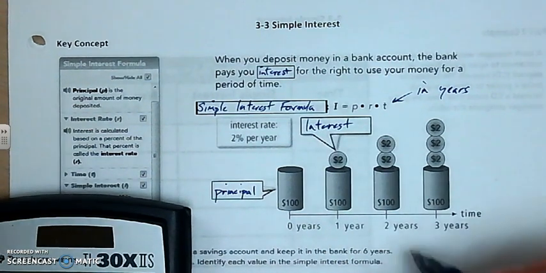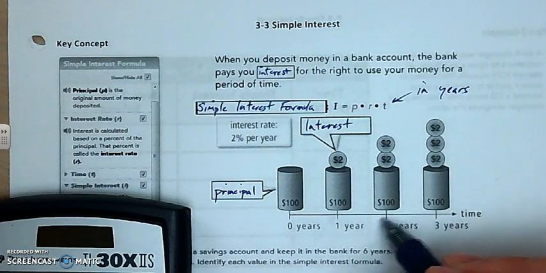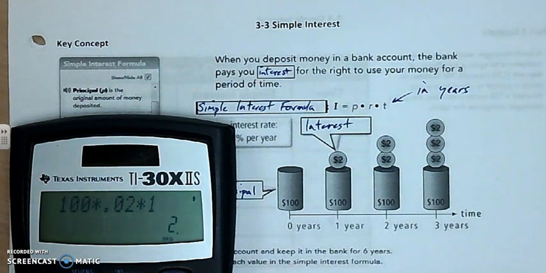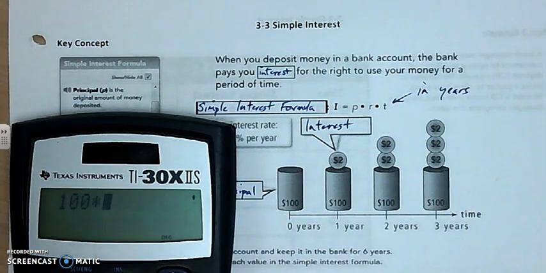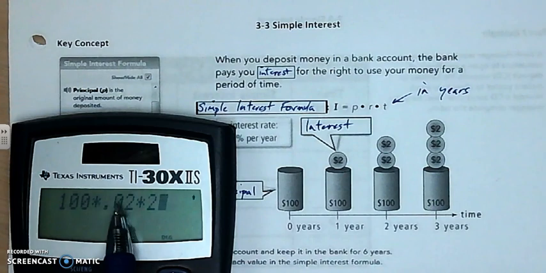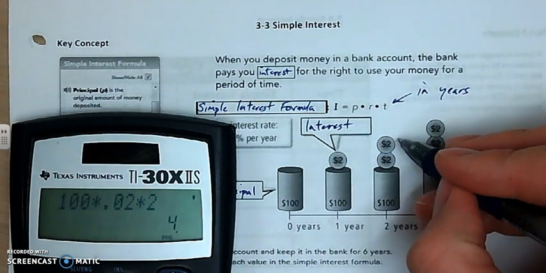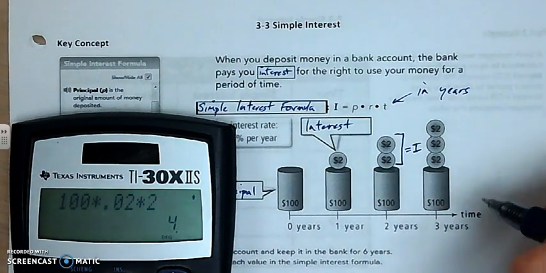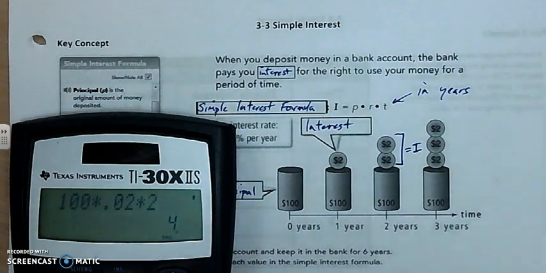And if we do that another year, if we let our principal sit there for 2 years, instead of 100 times 0.02 times 1, it's going to be 100 times 0.02, our interest rate, times now 2 years. PRT. And that'll be the interest we have earned. So this is now the new amount of interest that we've earned. We've now earned $4 by letting it sit there for 2 years.